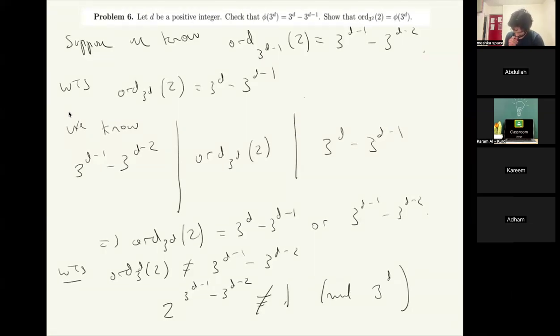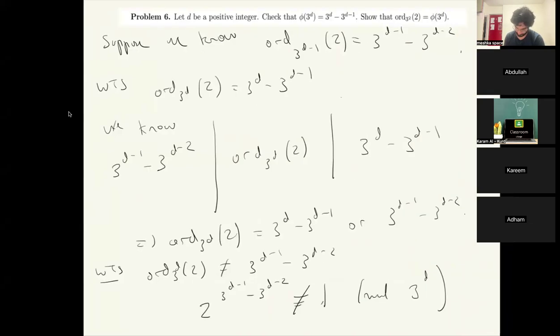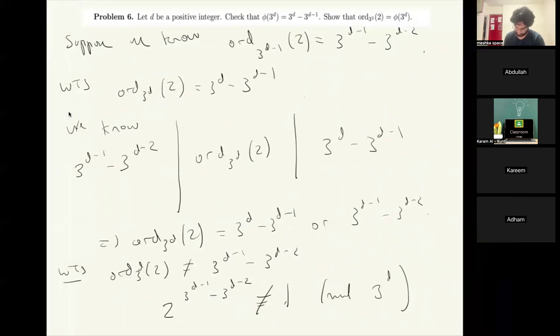So you're saying you want to write it as the following. So you want to write it like this.